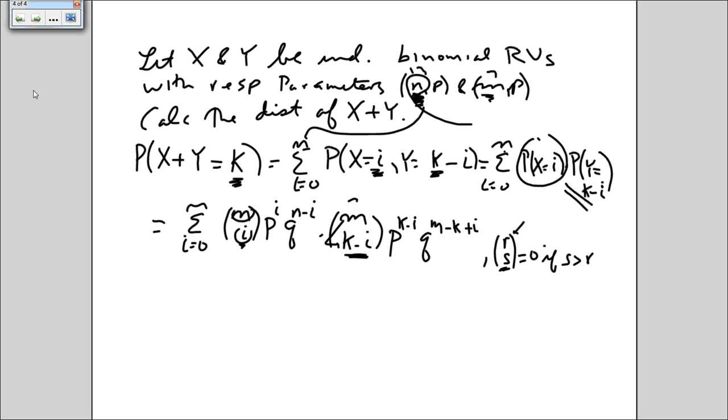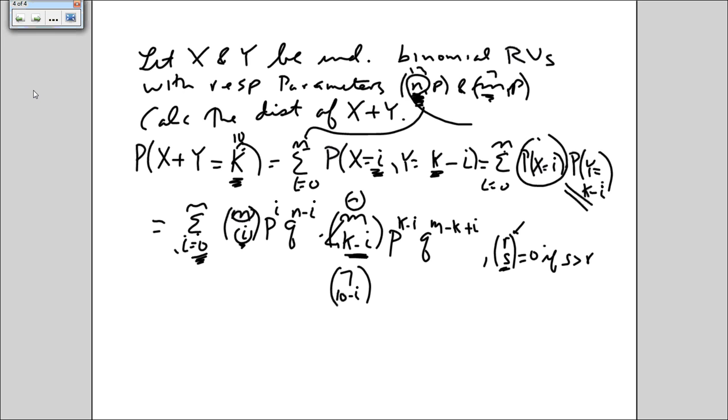So m is 7, and if i is 0, k is, I said it, but I think I forgot. Oh, k is 10. You can have 7 choose 10 minus i for all i's.